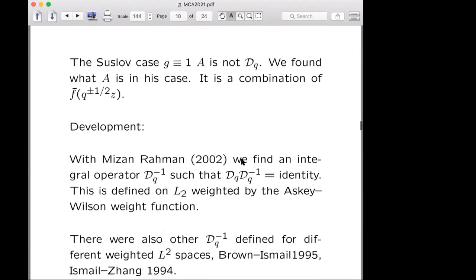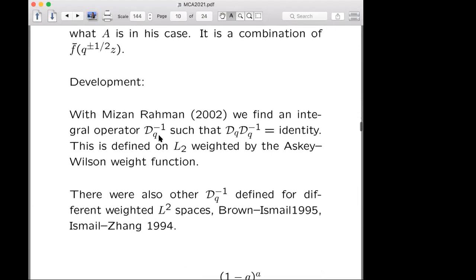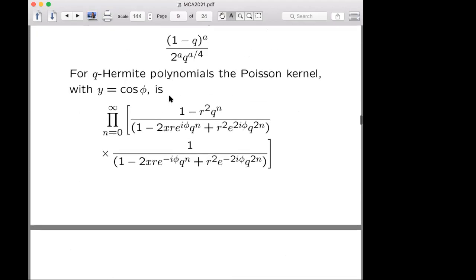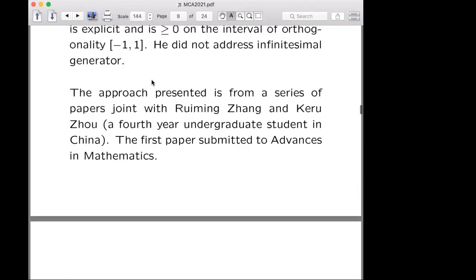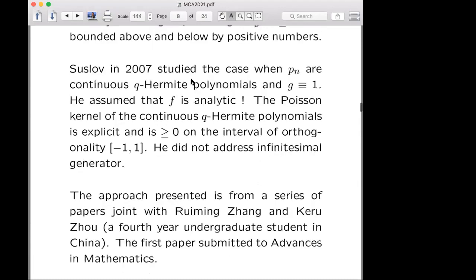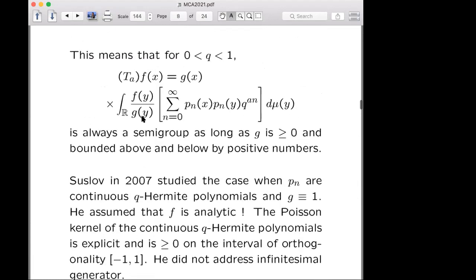Now, once you know that, the next thing you do is try to raise this to some powers, to square it, cube it, etc. When we did that with Zhang and Zhou, that's how we found out that this structure works. This structure works with the specific G that we found.